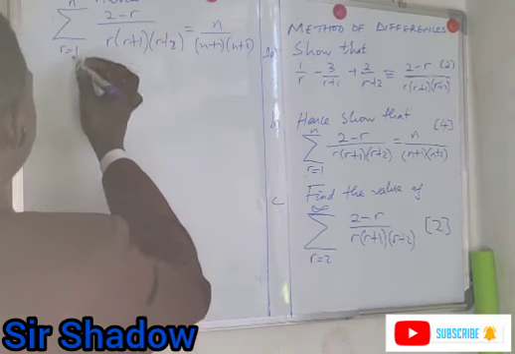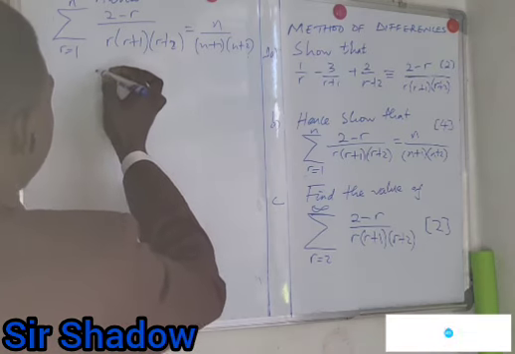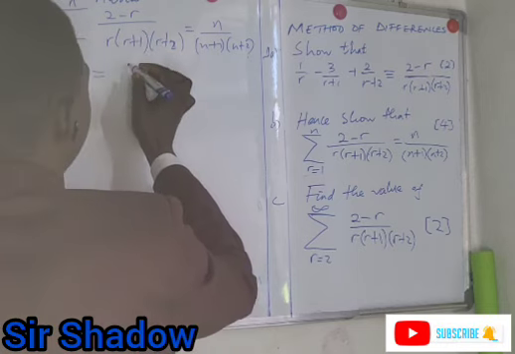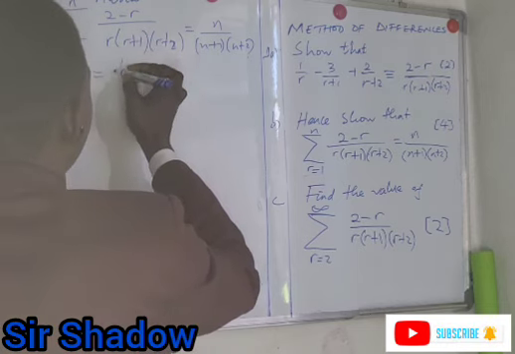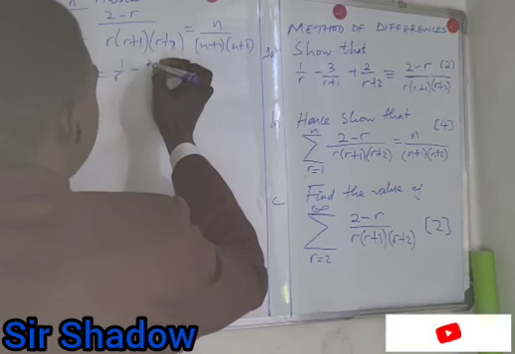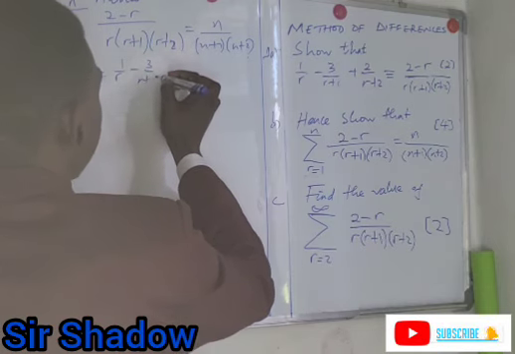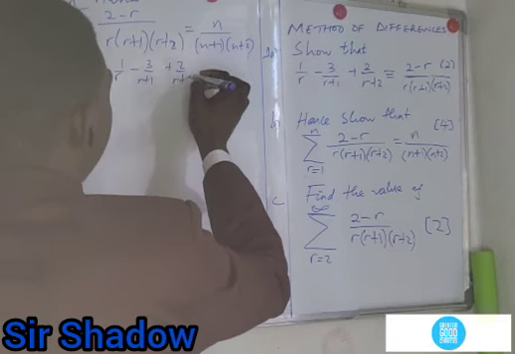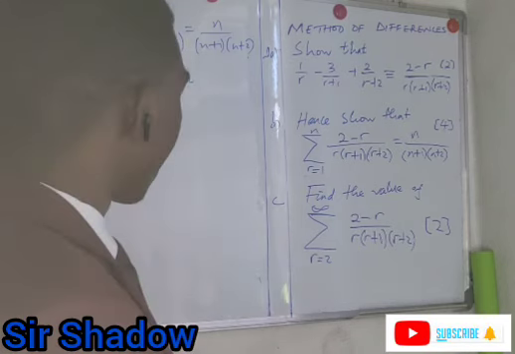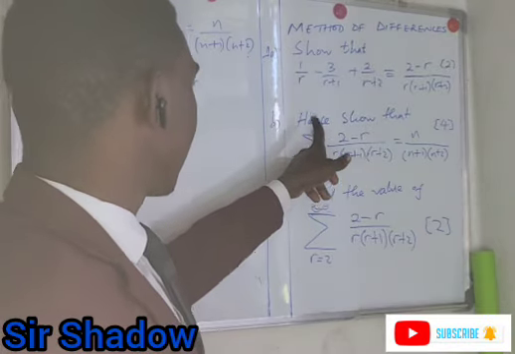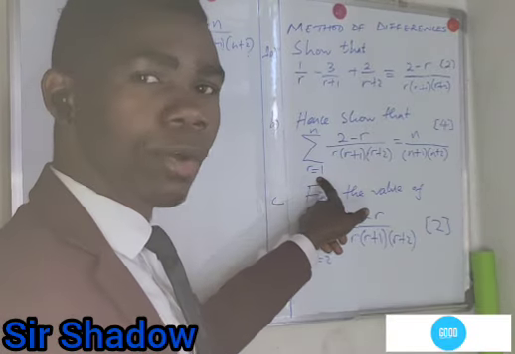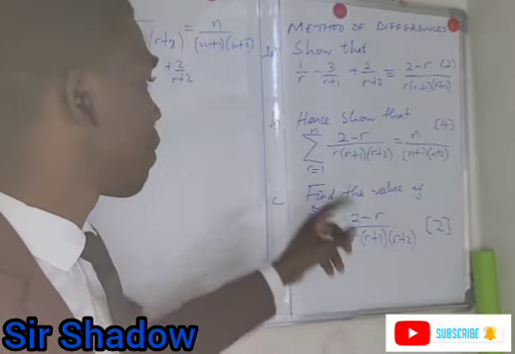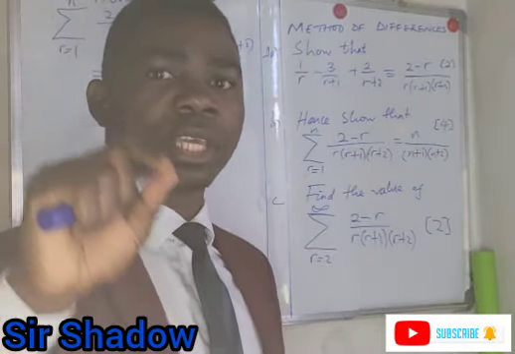So we are saying this is equal to 1 over r minus 3 over r plus 1 plus 2 over r plus 2. But remember, the summation has lower limit 1 and upper limit n, which means from the first value, 1, up to the nth value.